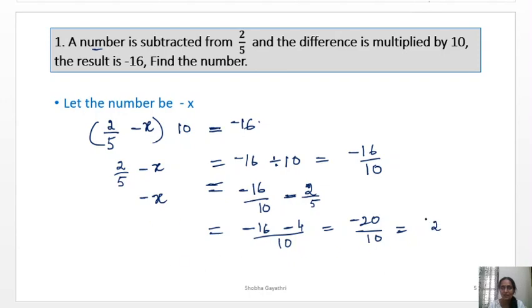So minus x equals minus 2. Multiply with minus 1 on both the sides. You will get x equals 2. So x is your required number. Therefore the number is 2. Let us move to the next one.